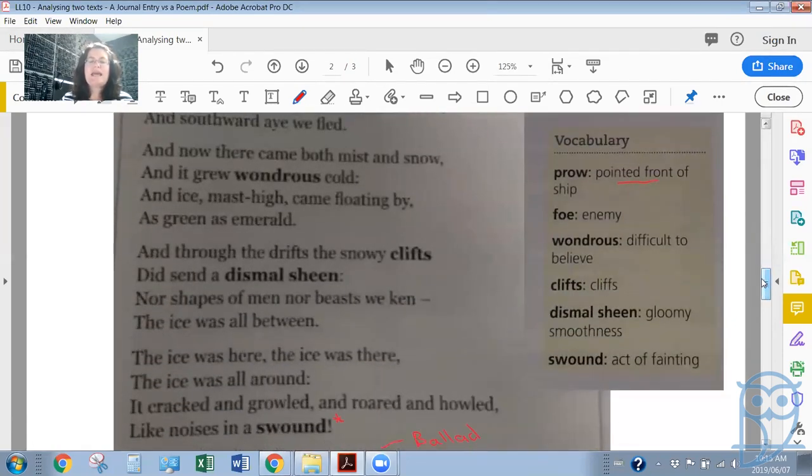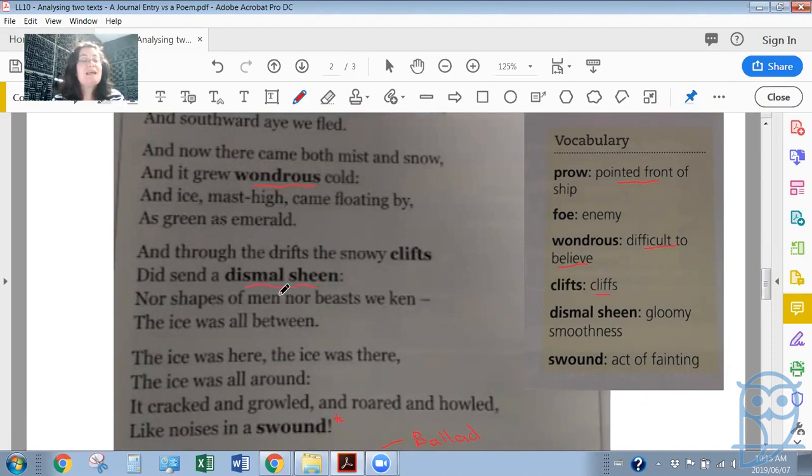And now there came both mist and snow, and it grew wondrous cold. Difficult to believe. It's wondrous. It's so cold. And ice, mast high, so right above them, came floating by, as green as emerald. And through the drifts, the snowy cliffs, did send a dismal sheen, a gloomy smoothness.